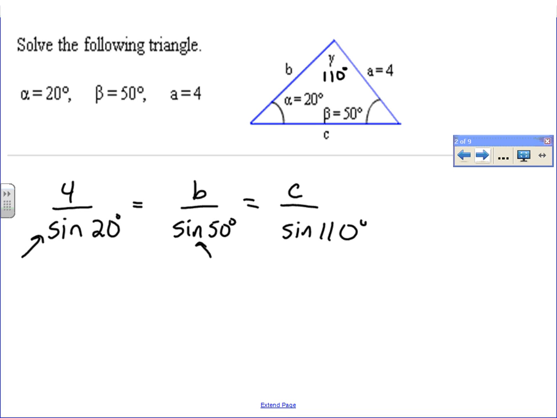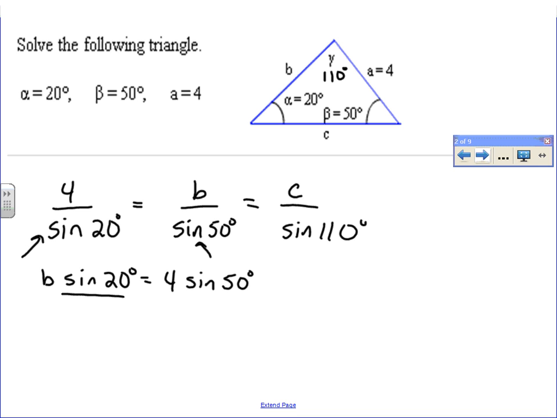I'm going to take these two and cross multiply, and that can help me find b. Be sure your calculator is in degrees, so all our answers are in degrees. We're going to do b times sine of 20 equals 4 times sine of 50. How would we solve for that?